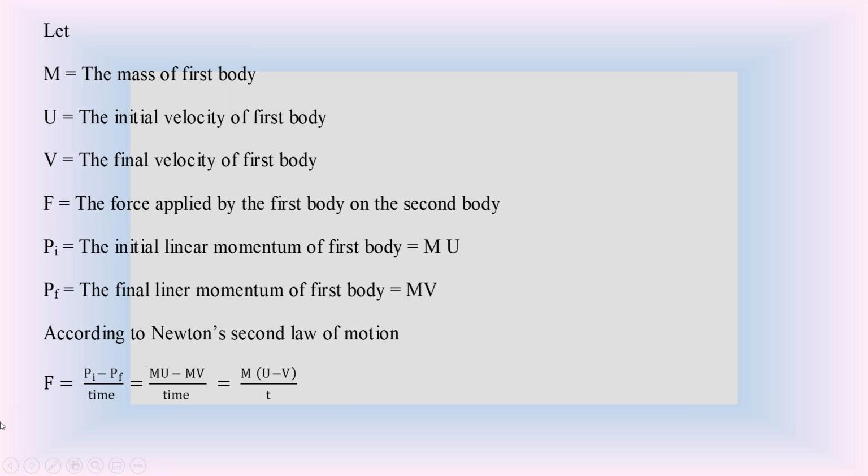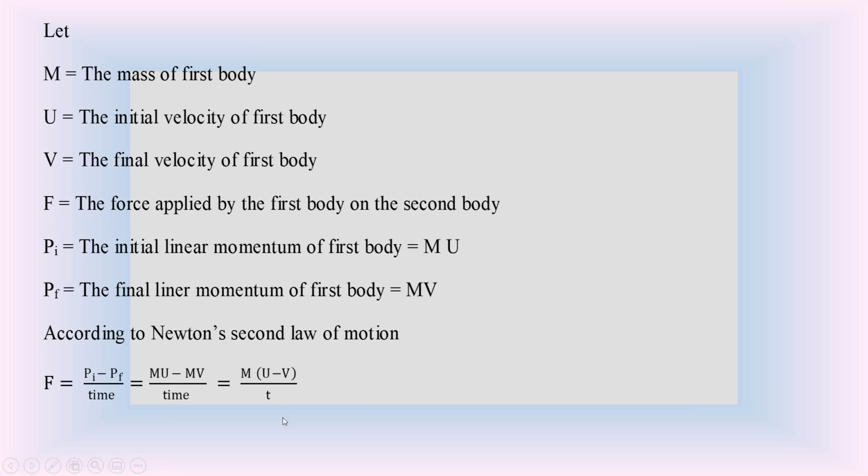According to Newton's second law, the force F is equal to the rate of change of linear momentum. Pi minus Pf is the change in the linear momentum. Divide the change in the linear momentum by time. Pi minus Pf by time is called the rate of change of linear momentum.